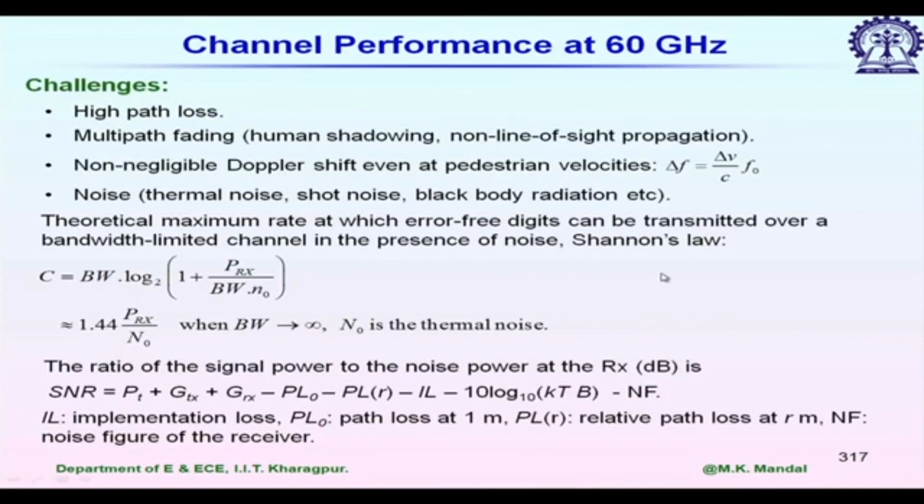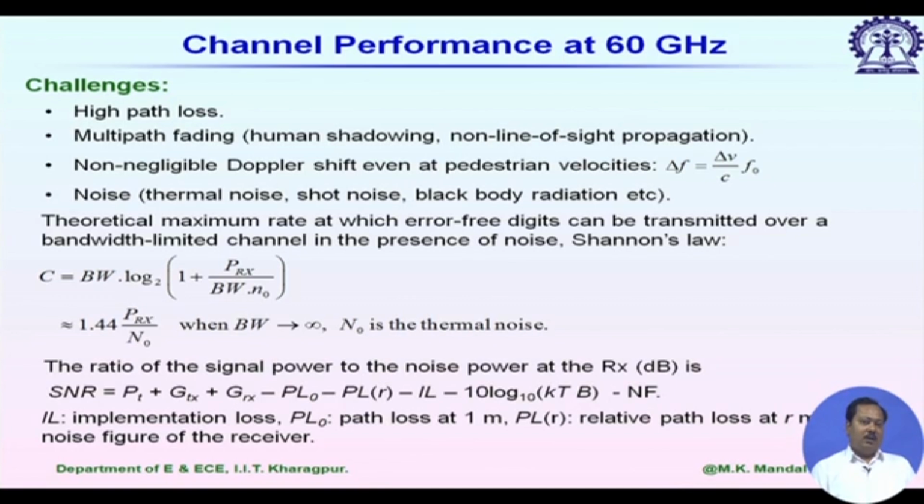So, for channel performance at 60 gigahertz, the first problem we will be facing is high path loss. Then multi-path fading effect, and we have the human shadowing effect. Human shadowing can be as high as 20 dB.